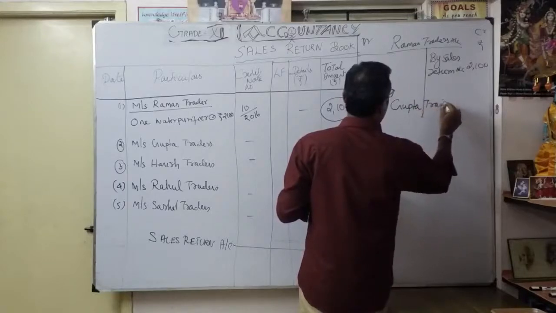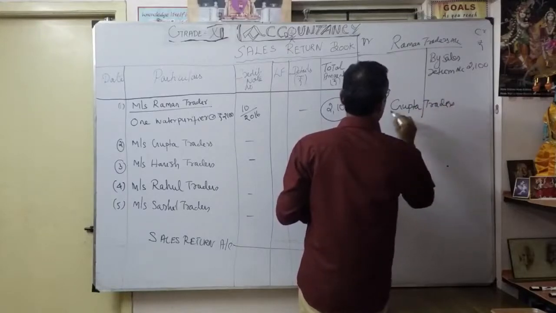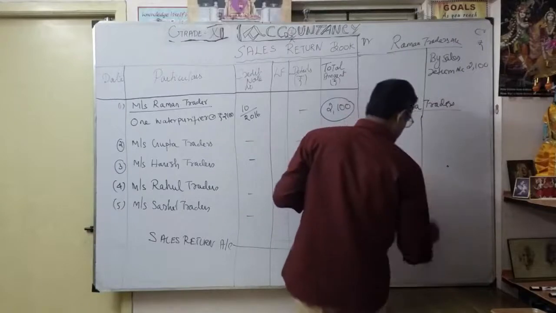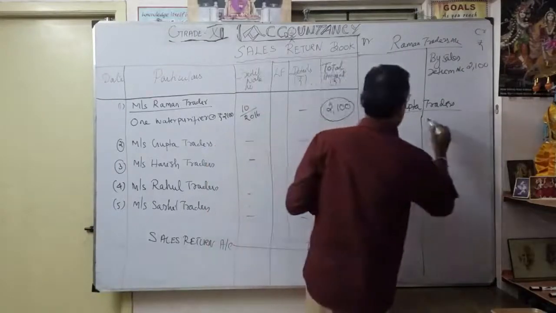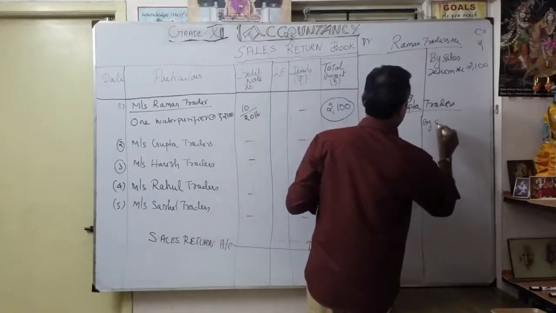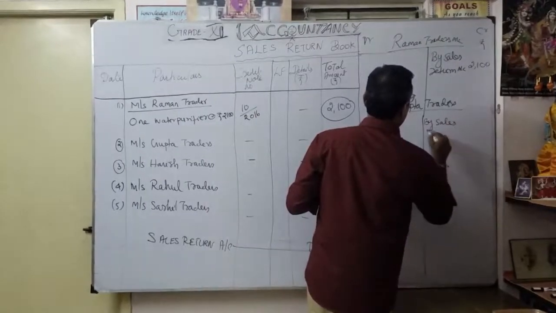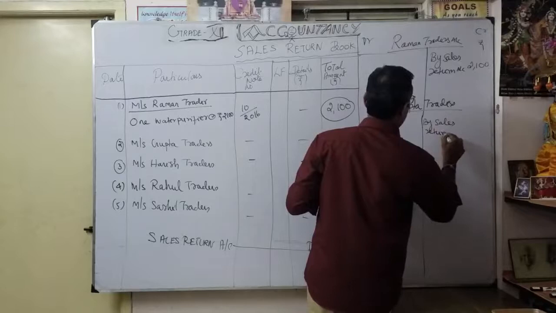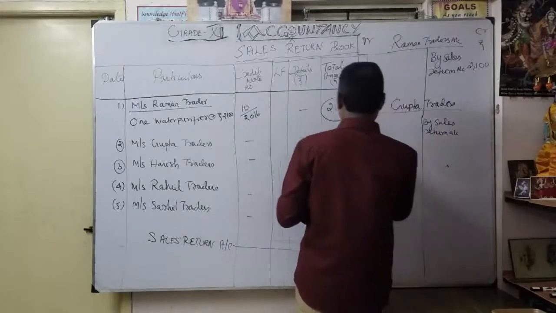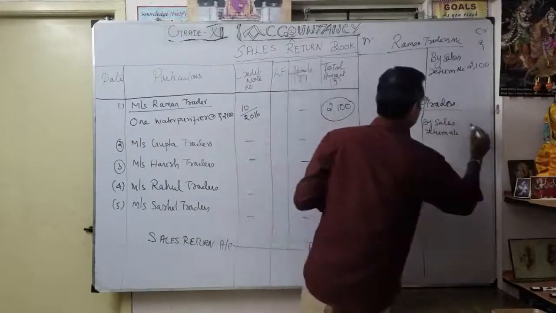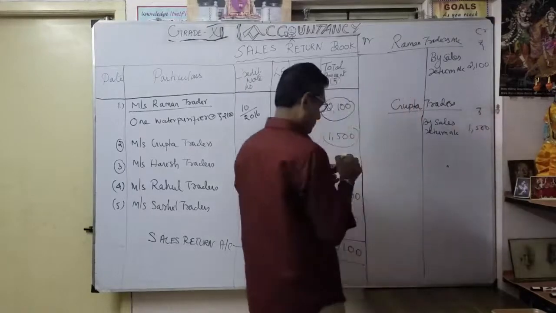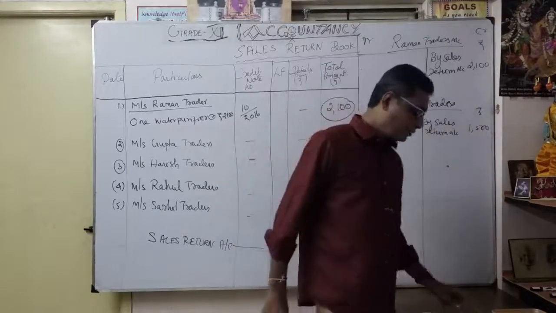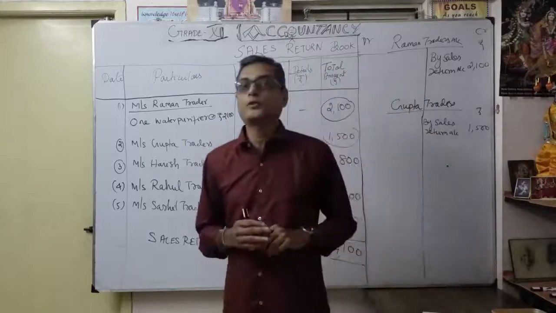Same manner, by sales return account. How much? This 1,500.